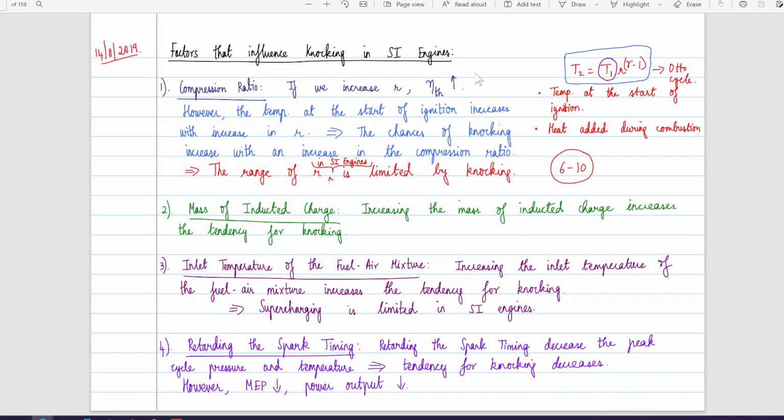And if you have two flame fronts, the possibility of collision and hence knocking increases. Okay, sir. All right.